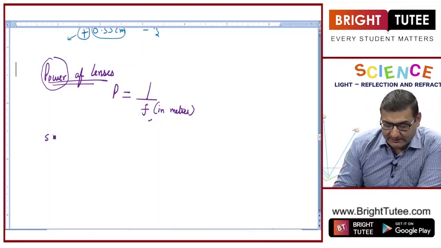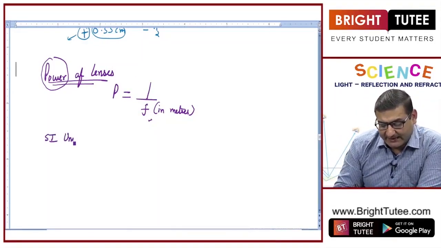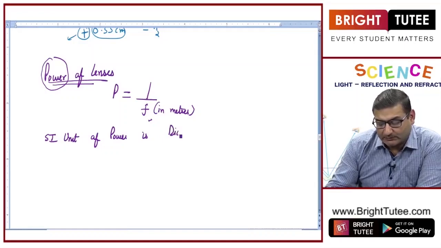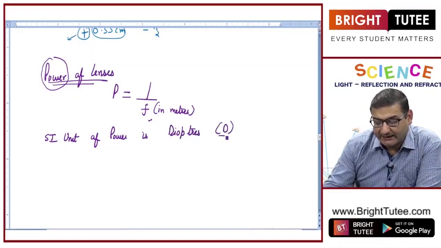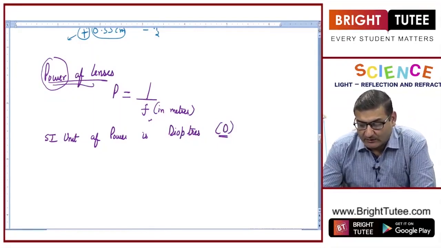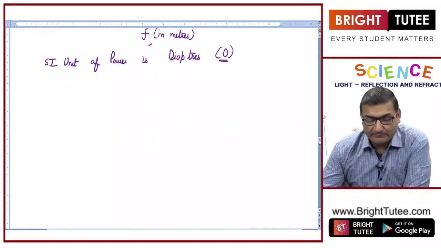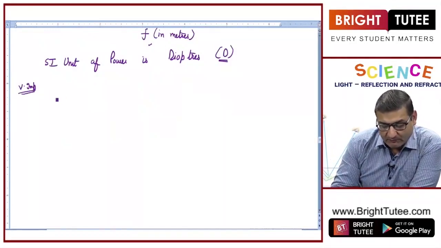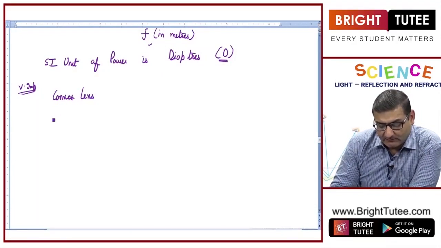This power is represented with an SI unit. So, the SI unit of power is diopters, which is represented by capital D. Fine. So, now you need to remember, very important, we knew that we had a convex lens, we had a concave lens.